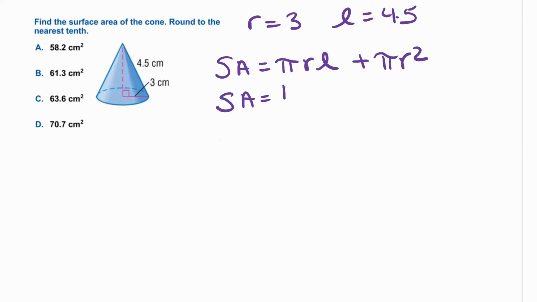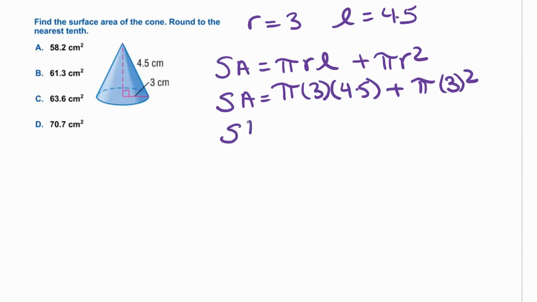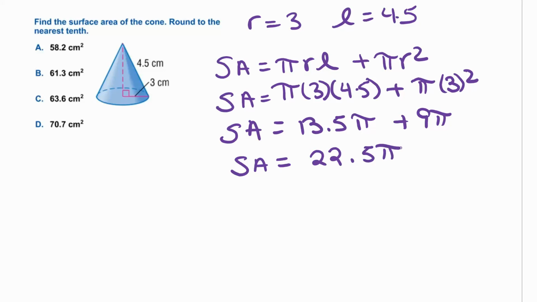Substituting our values in for that, we'll have pi times 3 times 4.5 plus pi times 3 squared. We then have 13.5 pi plus 9 pi. So our exact answer would be 22.5 pi centimeters squared, which is approximately 70.7 centimeters squared.